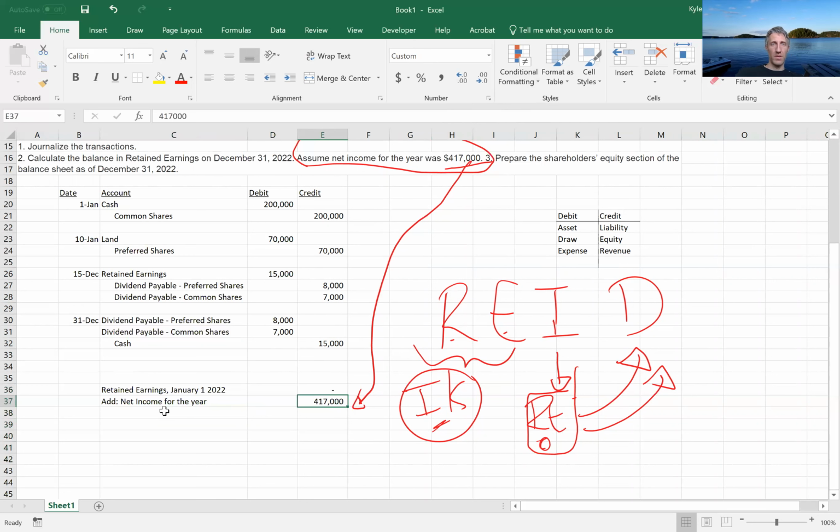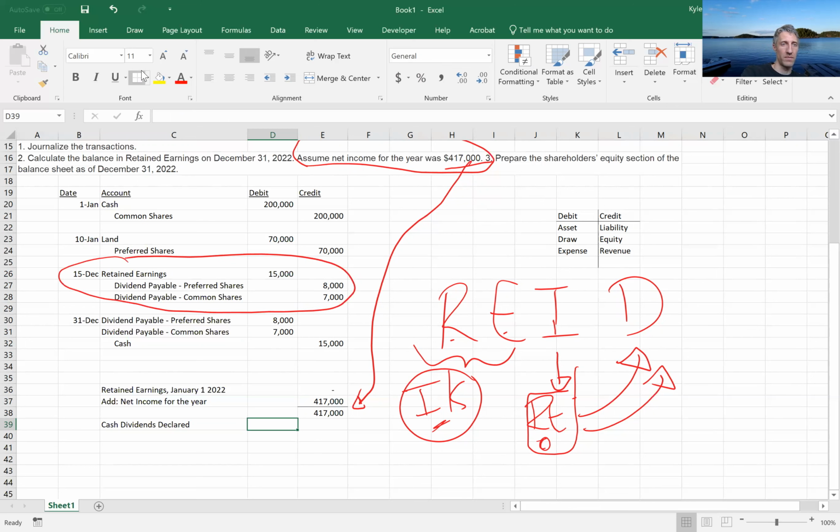So that's going to be, of course, 0 plus 417, which is 417,000. There should be a credit balance in the retained earnings account for 417,000. But there were cash dividends declared. We did this journal entry on December 15th, which lowered retained earnings by 15,000.